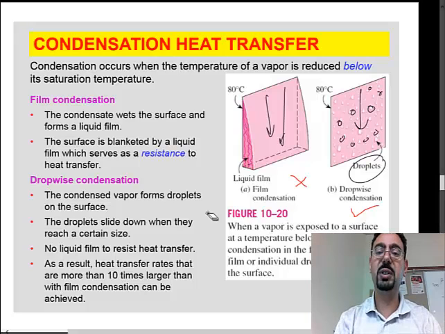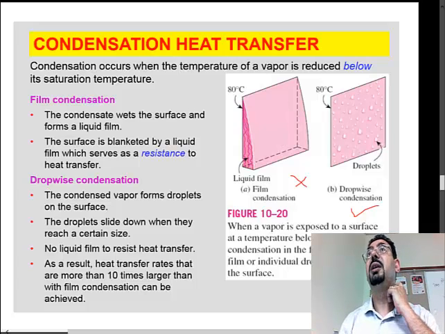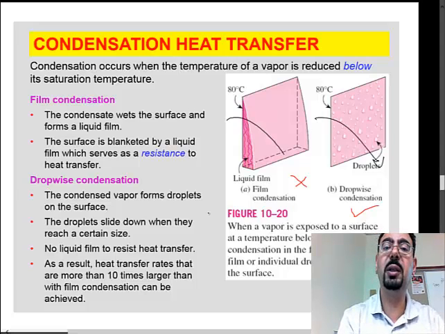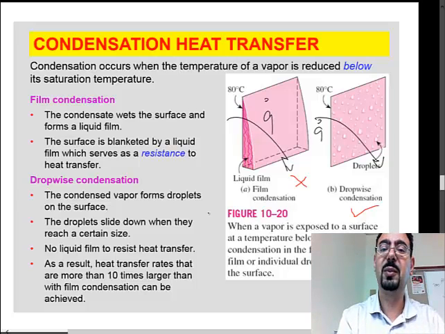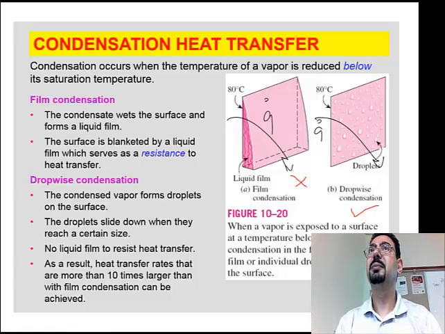Alright? So if your job is to improve the heat transfer by condensation, you would like to send as much heat as possible from the wall to the film, right? The point is to take Q from the wall. We are cooling the wall by condensing. So if your job is to get as much Q as possible, which mechanism would you like to use, film condensation or dropwise condensation?